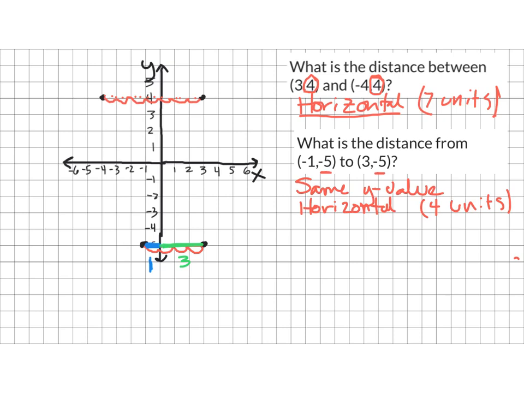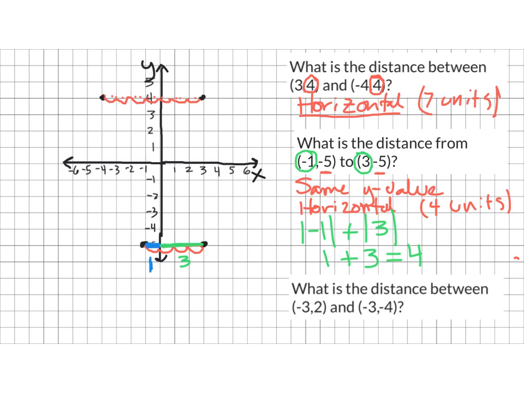And that's using that idea of absolute value, taking the absolute value of these coordinates and then adding them together. Absolute value of -1 plus the absolute value of 3 gives me 4.